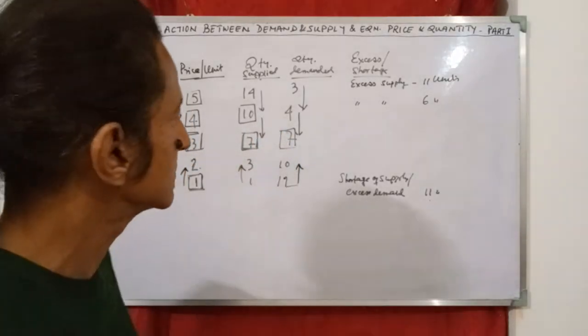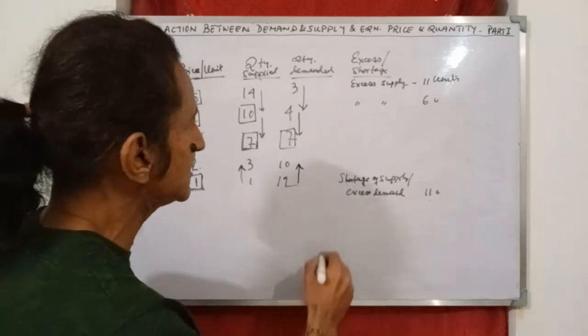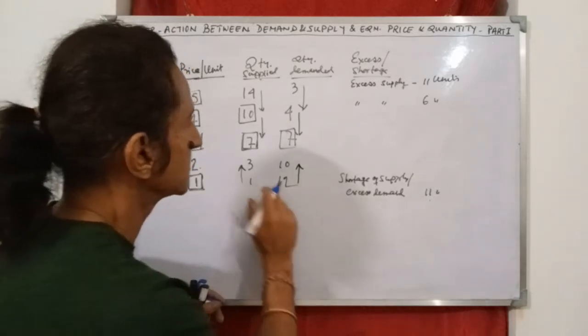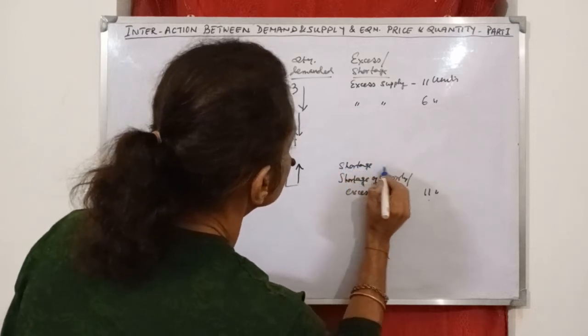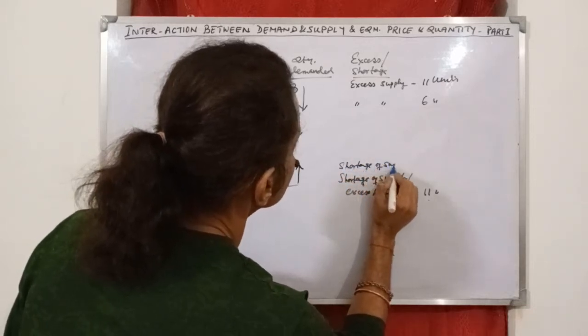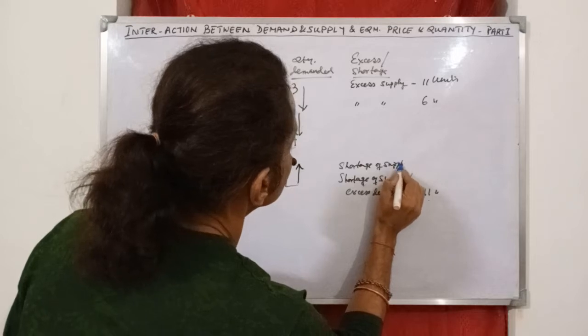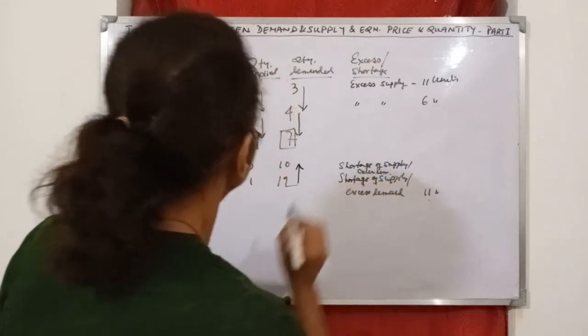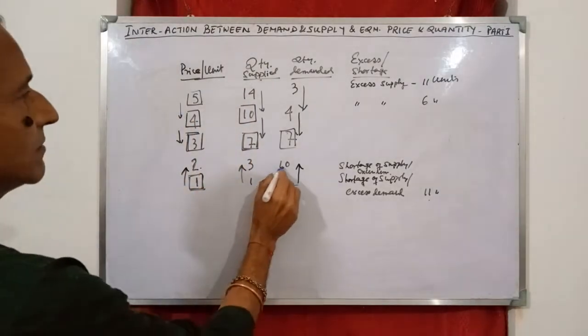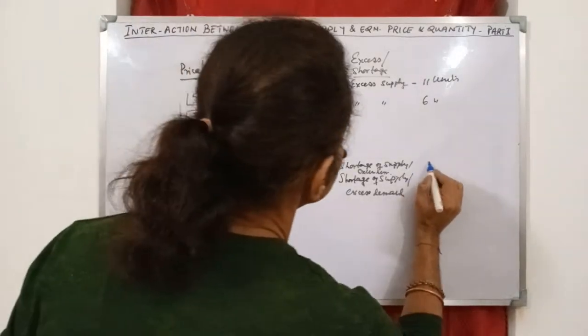Still there is excess demand or shortage in supply. By how many units? 10 minus 3, that is 7 units.